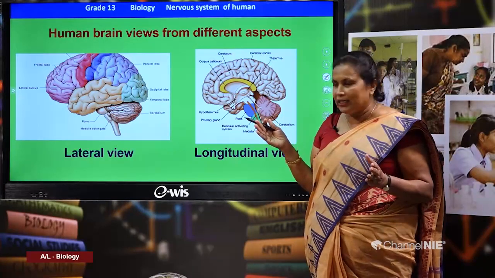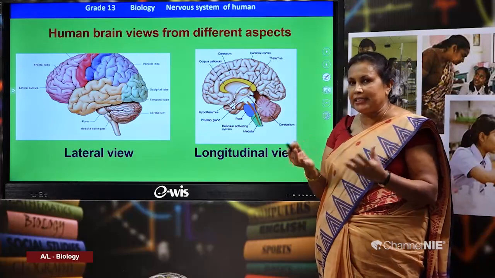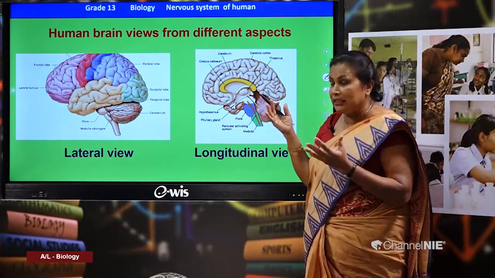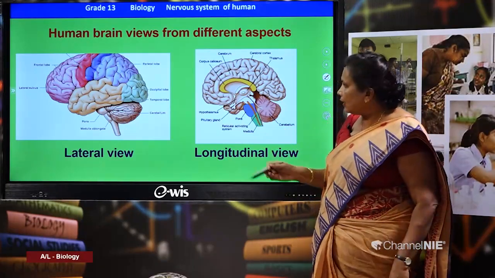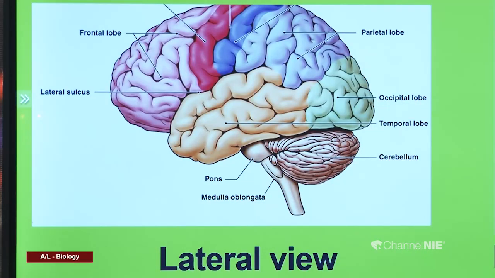It's very important, right? If you are asked to explain the structure of the brain, you need to explain this structure. Okay? Now you can see this is the lateral view, that is from the side of the brain.